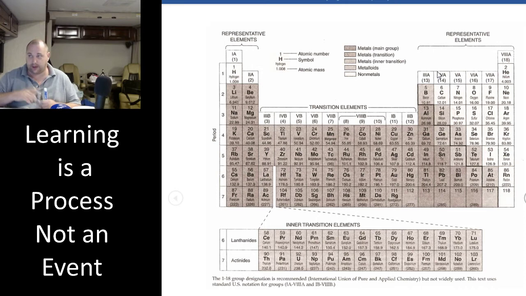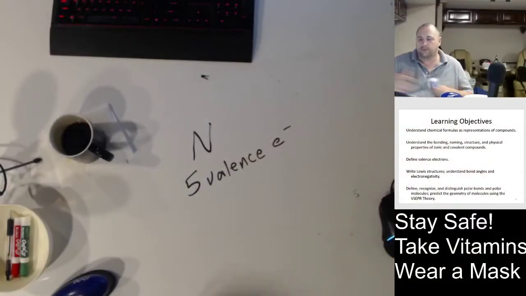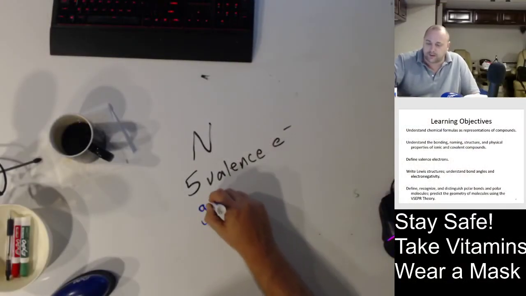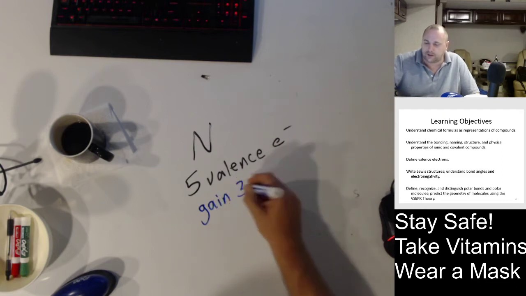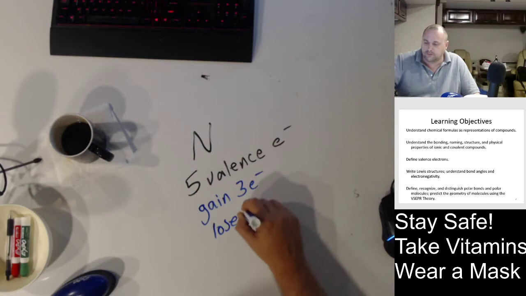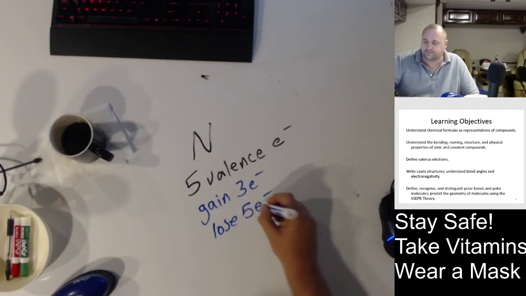Or we can look at these boxes and say it can move forward 1, 2, 3 to be at neon, or it can move back 1, 2, 3, 4, and then it wraps around and we'll be back at helium. So we want to know what makes sense. What sounds easiest to us, we can gain 3 electrons, or we can lose 5 electrons.